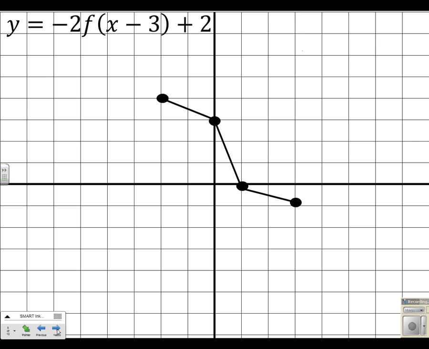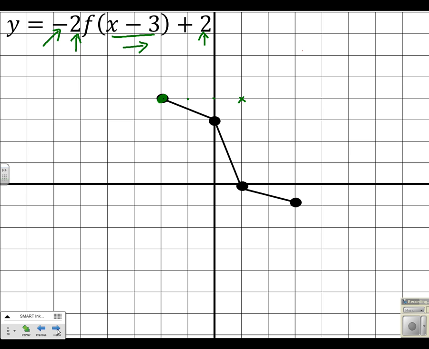Okay, here's the big giant bonus problem. I'm going to take each of these steps. First, this is going to take us to the right 3. This is going to take us twice as tall. This is going to make us upside down. And this is going to take us up 2. So I'm going to start right here, and I'm going to go to the right 3. 1, 2, 3.